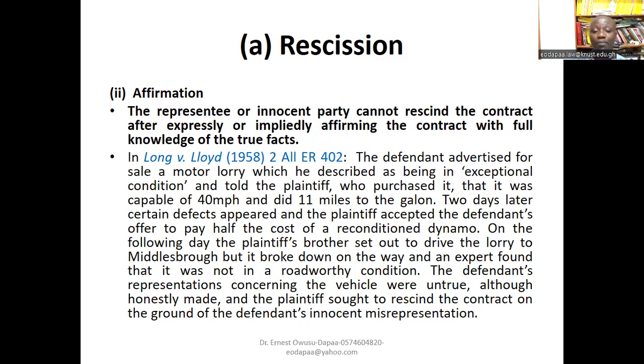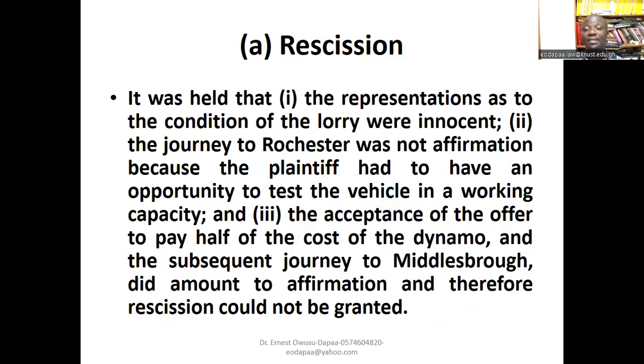On the following day, the plaintiff's brother set out to drive the lorry to Middlesbrough, but it broke down on the way, and the expert found that it was not in a roadworthy condition. The defendant's representations concerning the vehicle were untrue, although honestly made, and the plaintiff sought to rescind the contract on the ground of the defendant's innocent misrepresentation.